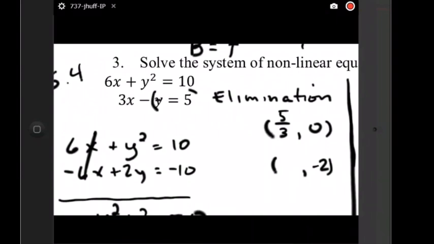If I plug in the negative 2 for y, then I get 3x plus 2 equals 5. If I subtract 2 and divide by 3, I'm going to get x equals 1.